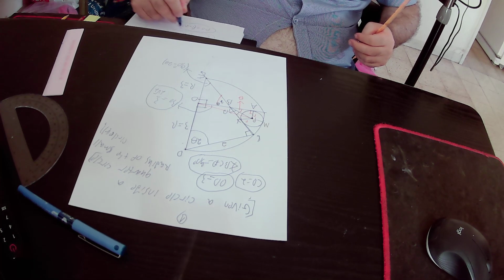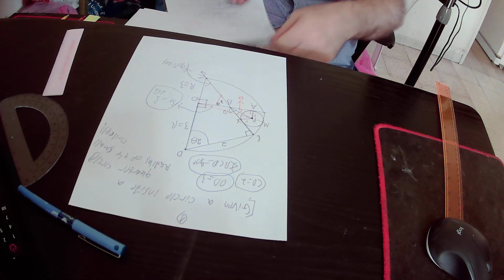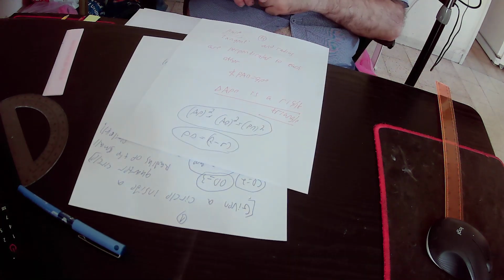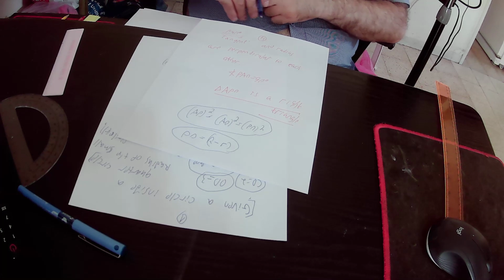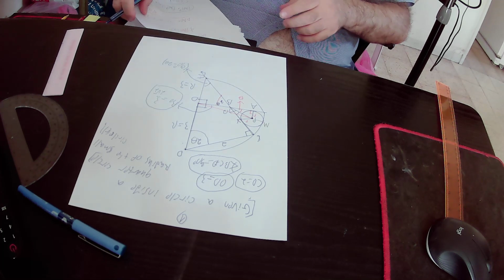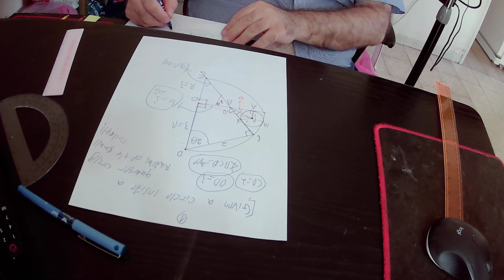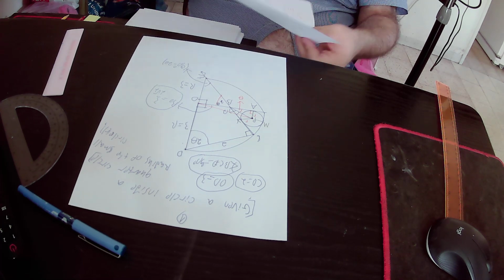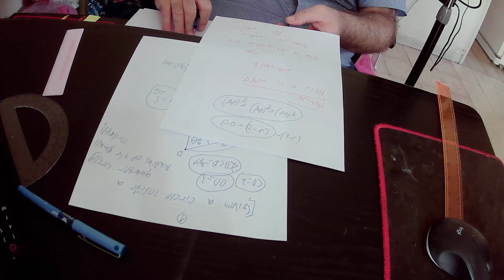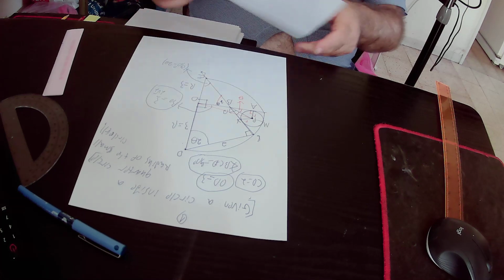So PO equals capital R minus small r. But we know that capital R equals 3 units, so PO equals 3 minus small r.